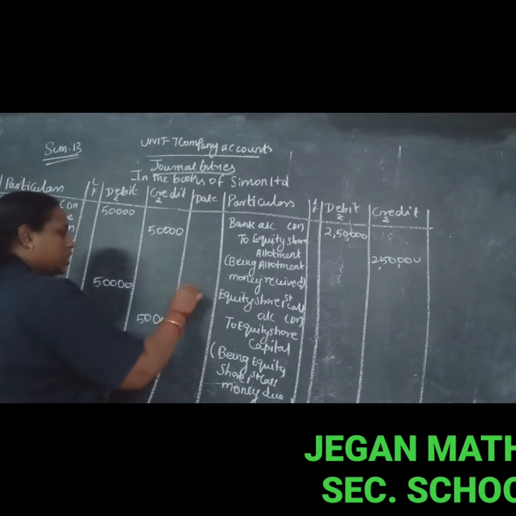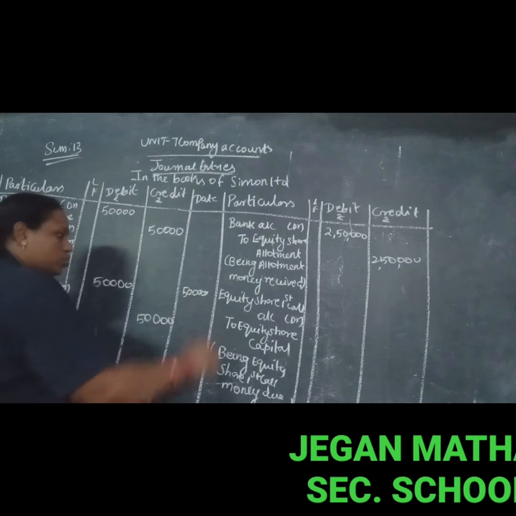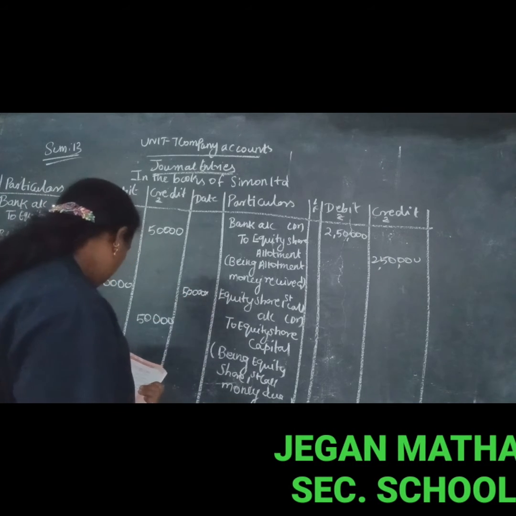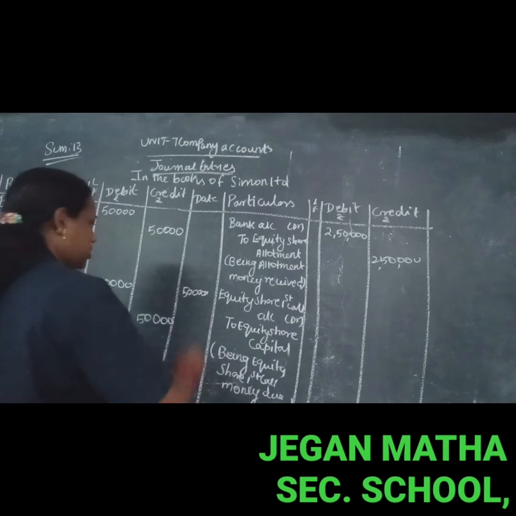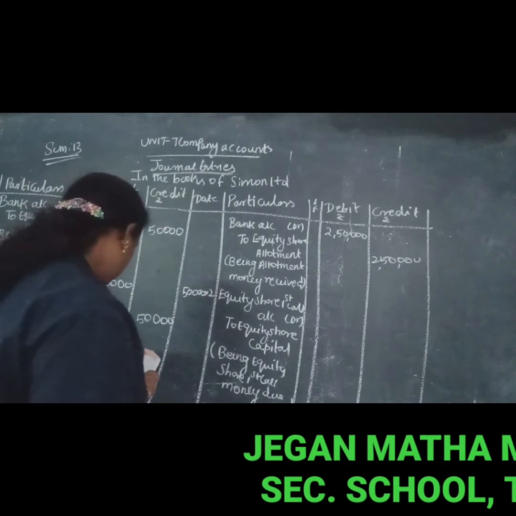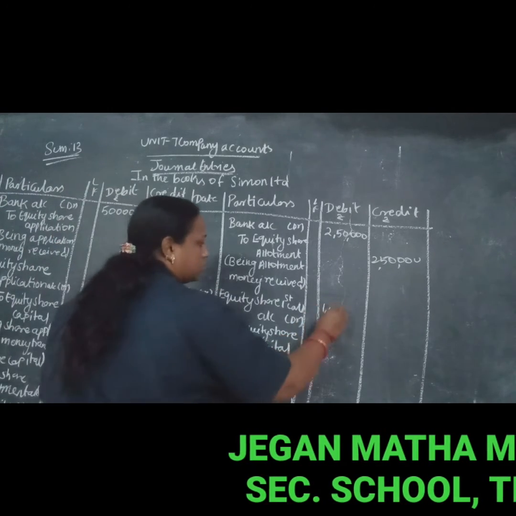So 50,000 equity shares. What is the amount of first call? First call amount is 2 rupees. So 50,000 into 2 rupees, 1 lakh.